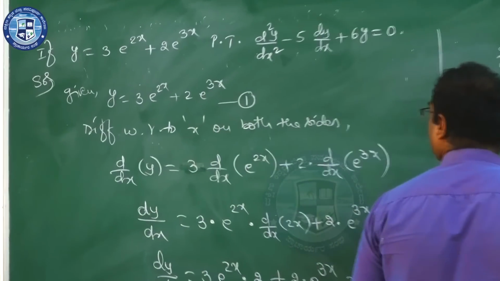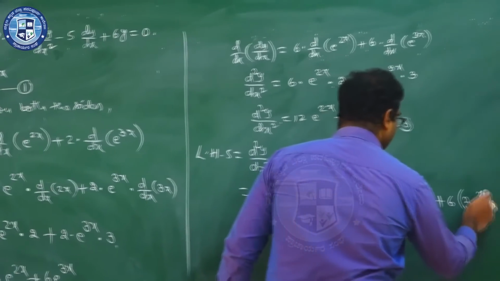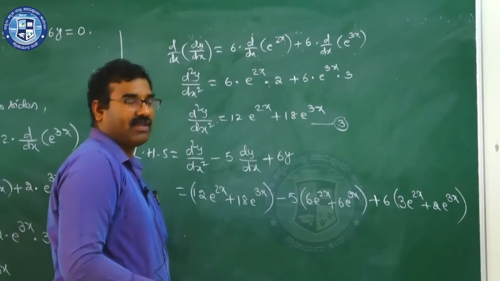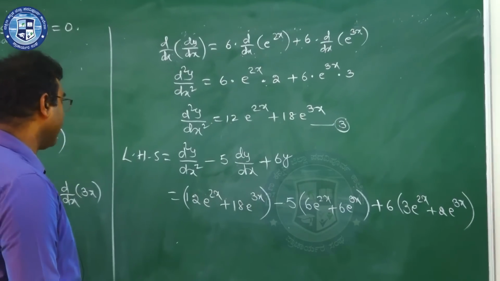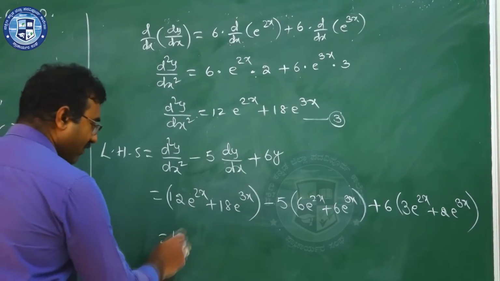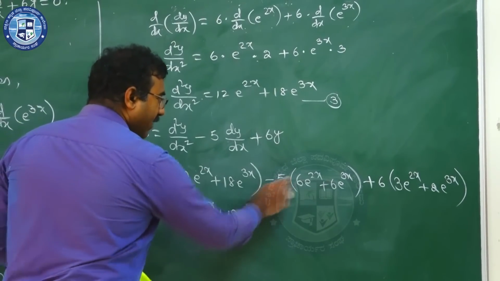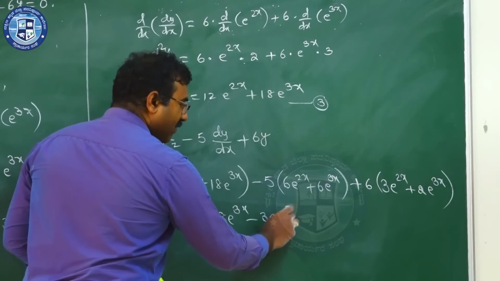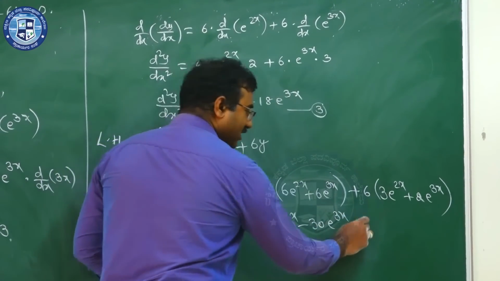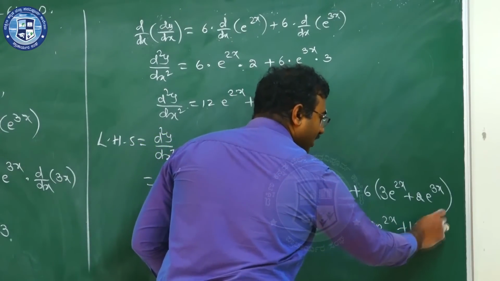So y value is what? 3 times e power 2x plus 2 times e power 3x. This is y, from condition 1. Now simplify: 12 e power 2x plus 18 e power 3x minus 30 e power 2x minus 30 e power 3x plus 18 e power 2x plus 12 e power 3x.